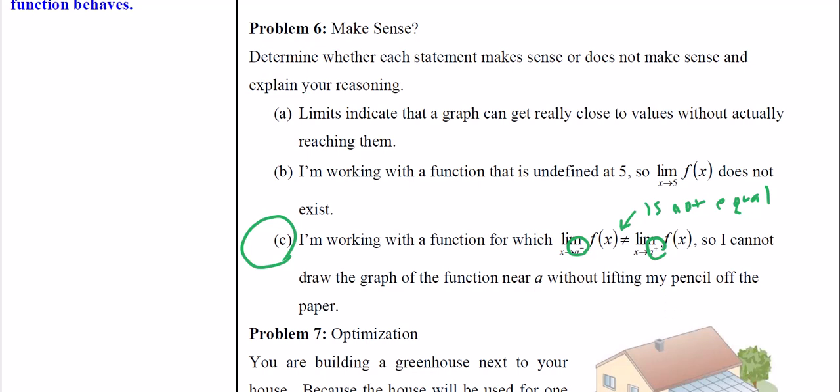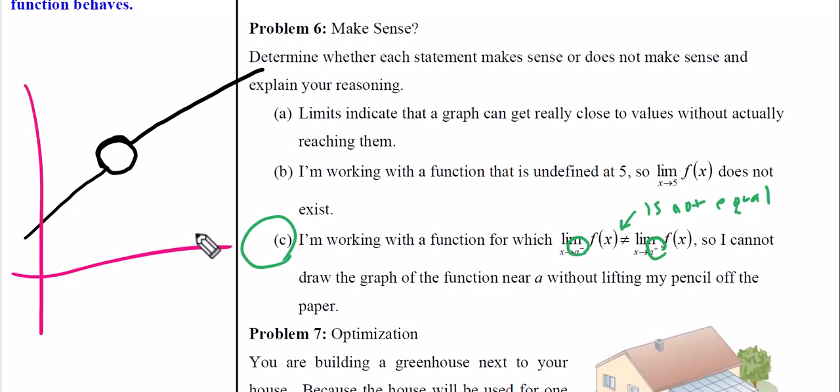So we know, for example, that like the one I just drew, right? Like I have this one here, and notice I'm not going to pick up my pencil. Okay, I'm going to just go ahead and go floop, and then floop. And what happens is this is undefined at this point, but if I'm going from the left and I'm going from the right, it's approaching the same number.